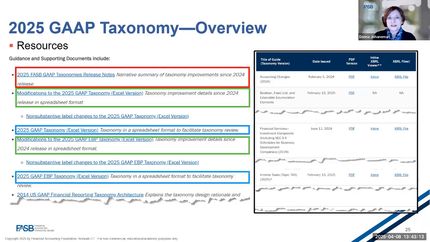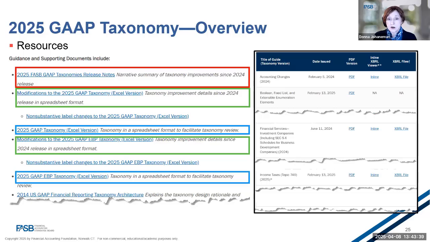Next slide. In addition to the codification and inclusion of elements by paragraph that we just saw, there are other resources with each annual release of the taxonomy to help with transition. So from our website, you will find a page with these resources, such as in the red box. There is a set of release notes that provides a summary of the changes and an explanation in PDF format.